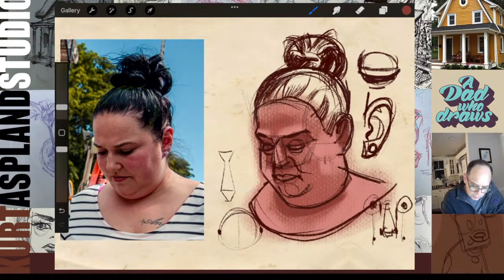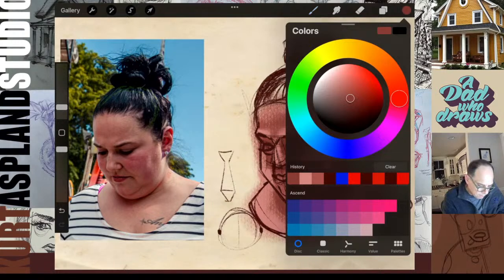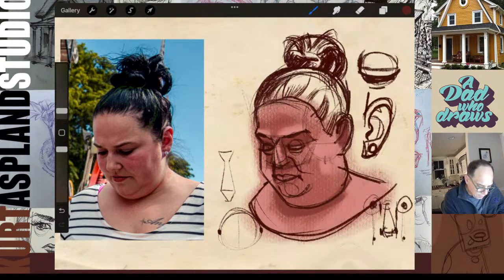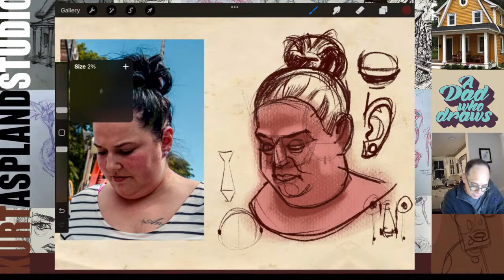And I'm going to take it one step darker here. This dial over here controls my brush size.